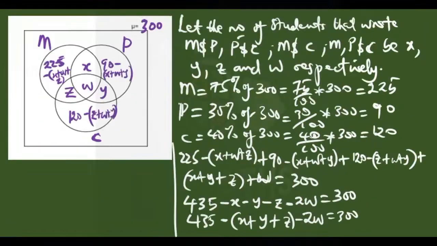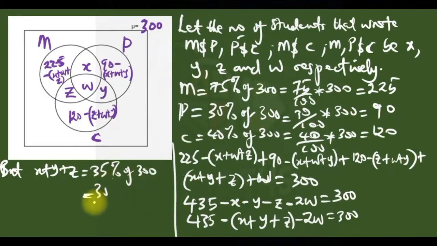So X plus Y plus Z, that's 2 subjects, is 35% of 300, which is 35 over 100 times 300. The answer is 105. So X plus Y plus Z is 105.